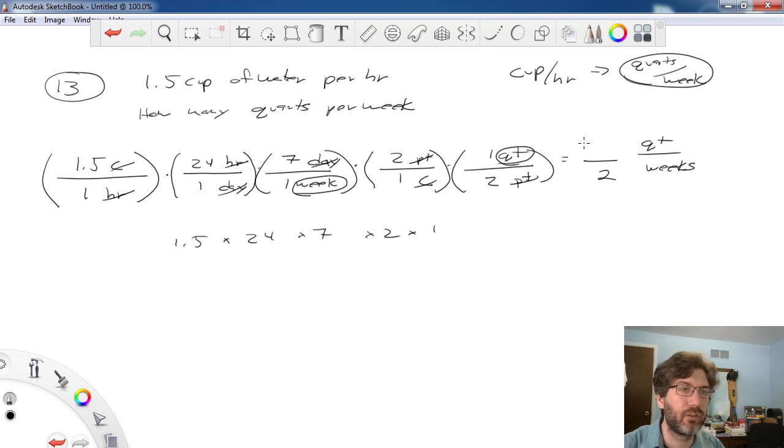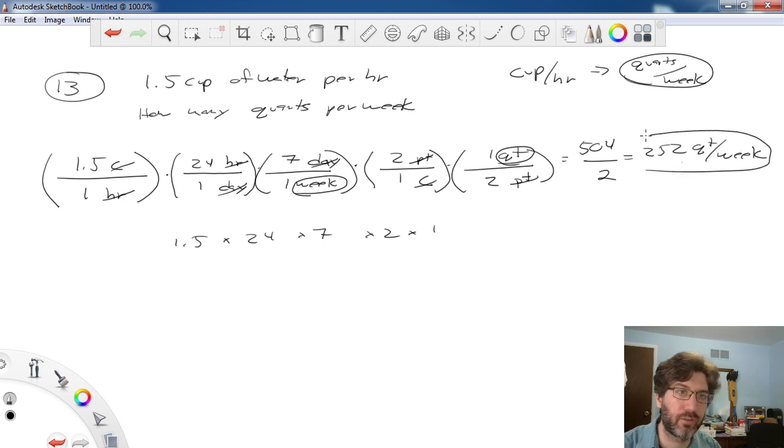That's going to give me 504 divided by 2, because again I want this as a rate here anyways, but this can be simplified, so I can take half of that. 504 divided by 2 gives me, let's get rid of my units for now, this equals 252 quarts per week. And that is your final answer.